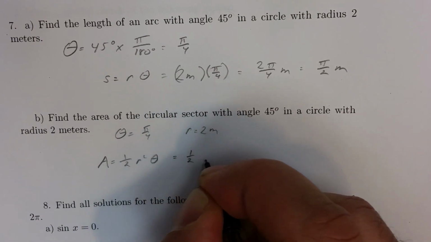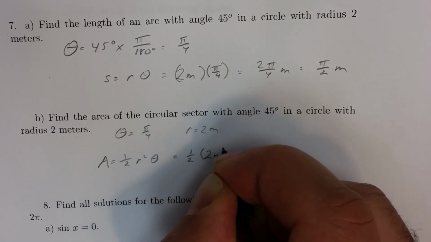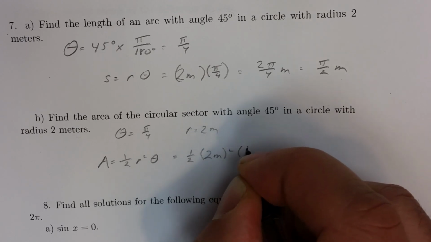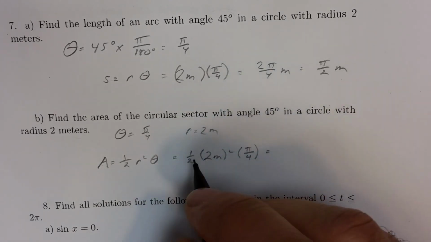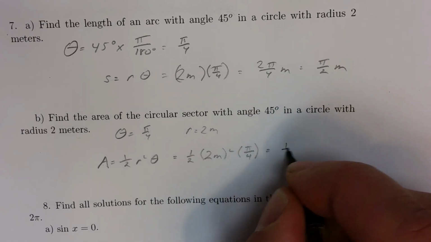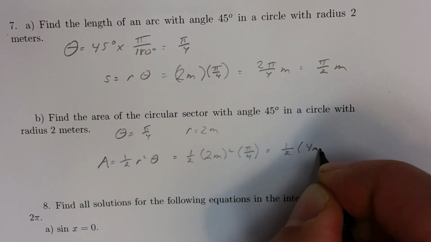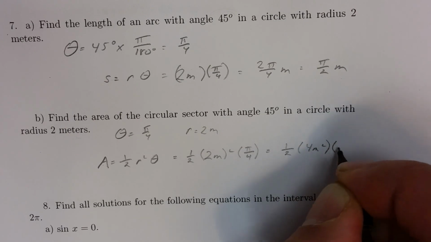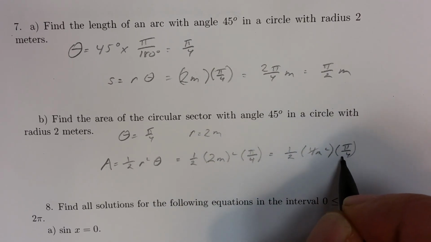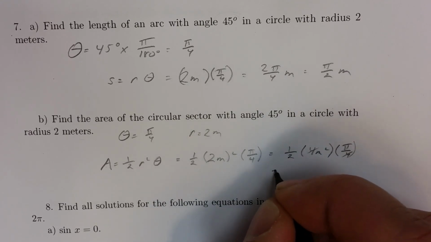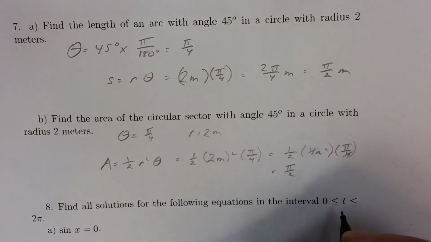So that's 1/2 times 2 meters all squared times pi over 4. And so this is 1/2 times 4 meters squared times pi over 4. I guess this 4 and this 4 cancel out, and we have pi over 2 meters squared.